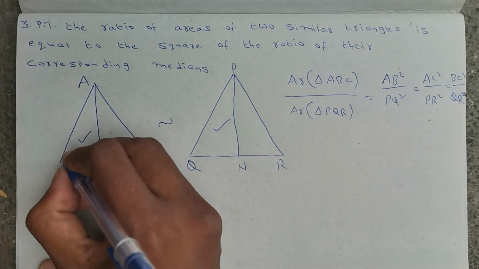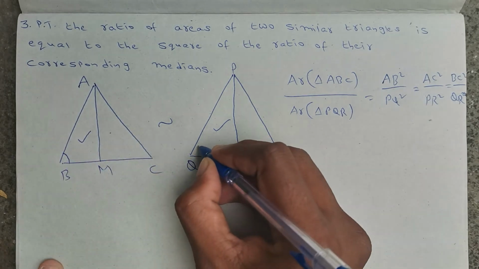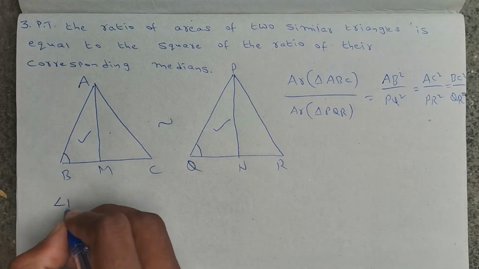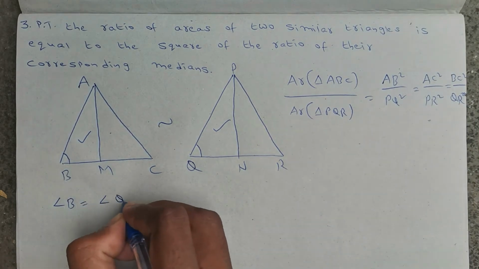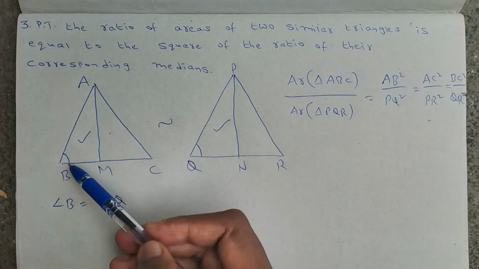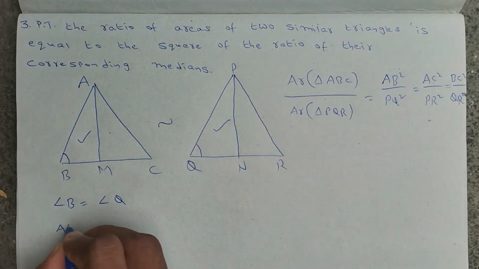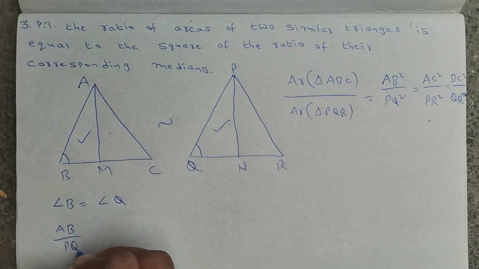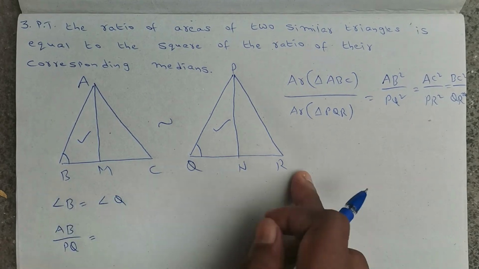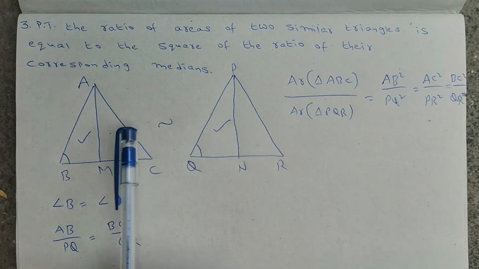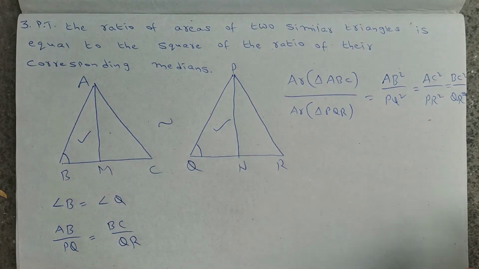It means angle B is equal to angle Q. Next, AB divided by PQ is equal to BC divided by QR, because if two triangles are similar to each other, their corresponding sides are in the same ratio.